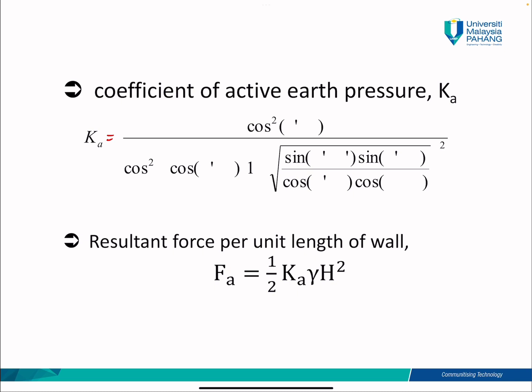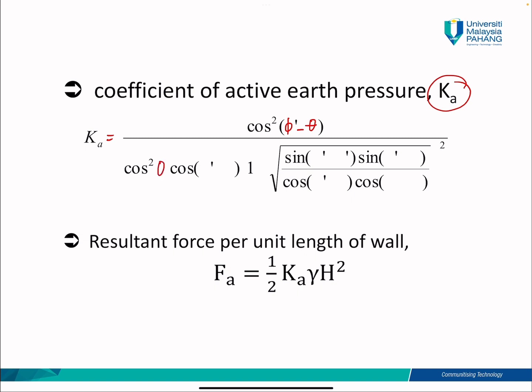So go back to this. We have the coefficient of active earth pressure, Ka. The first line, cos square times internal friction angle, Phi, minus theta. Theta adalah sudut di belakang wall.